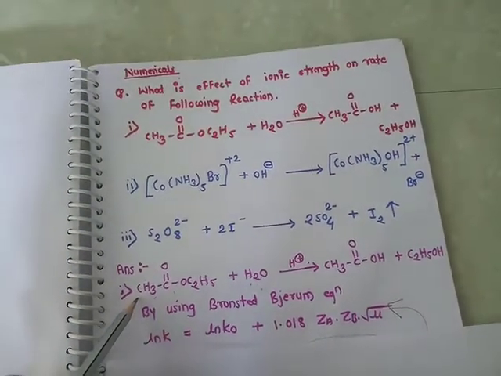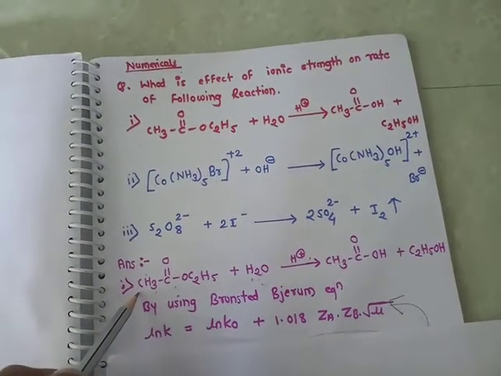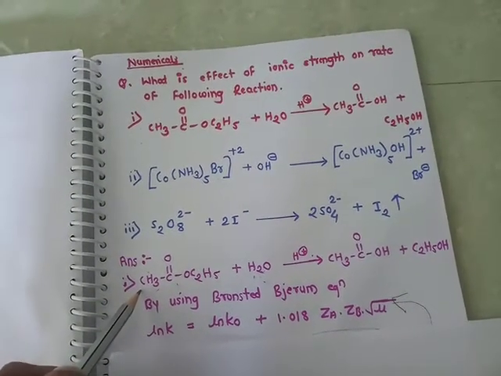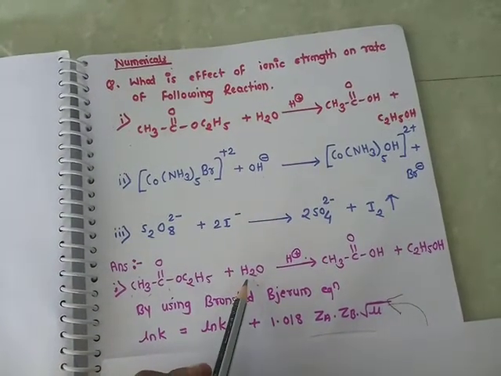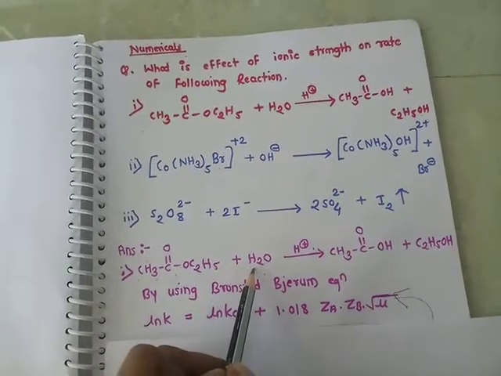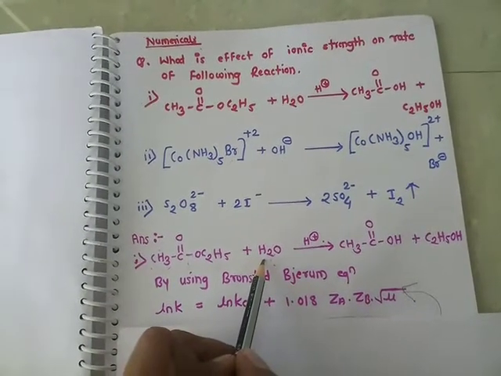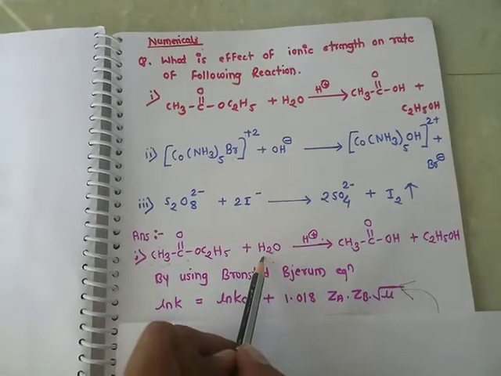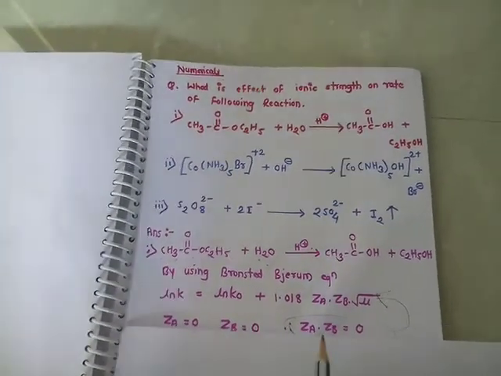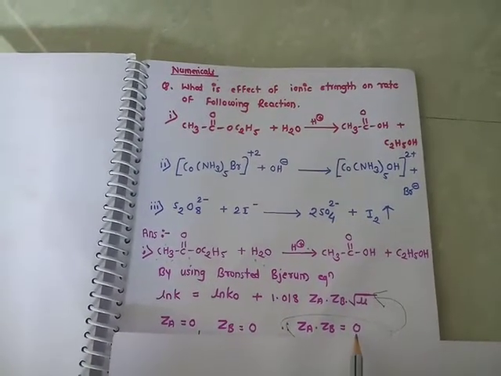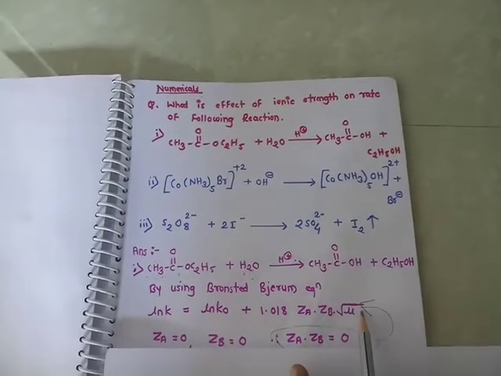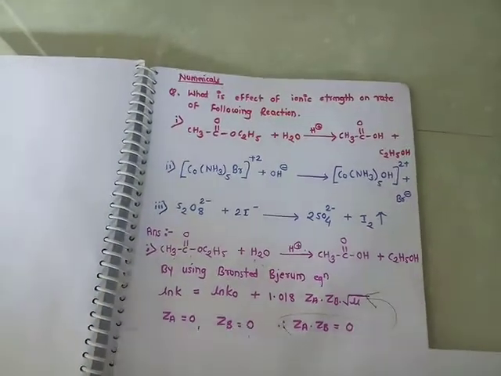So charge on A species is 0 because ester is a neutral species having no charge. So ZA is equal to 0. H2O, the water molecule, is also a neutral species, having no charge, so ZB is equal to 0. The product of ZA and ZB is equal to 0. Now put this value in the Bronsted-Jerome equation, we get this.